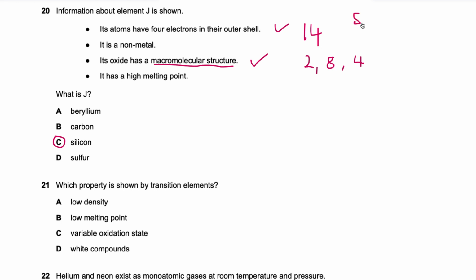To be frank, it's not a metal. This was what broke the camel's back, a giant molecular structure. So silicon dioxide has a giant molecular structure. It has a high melting point. So the answer is silicon, C.